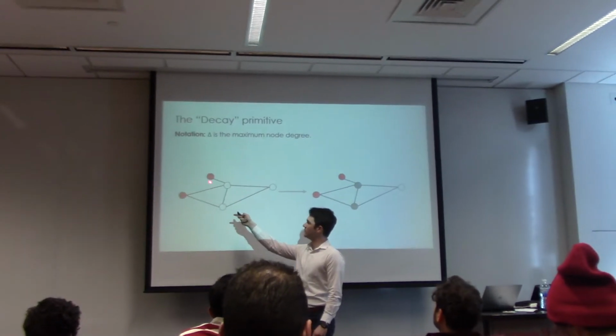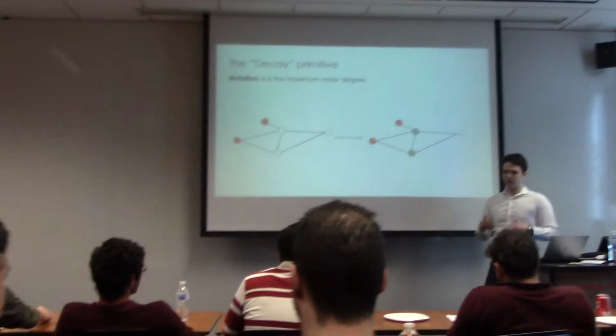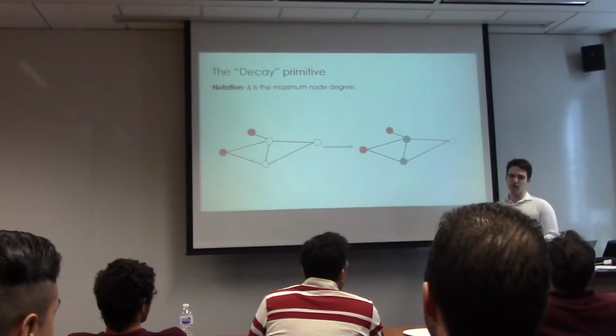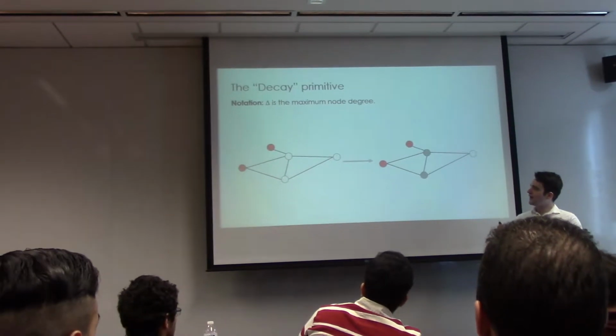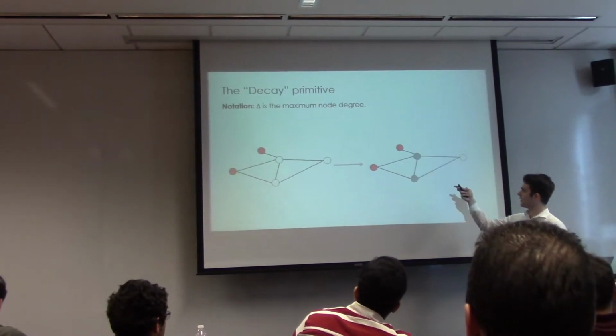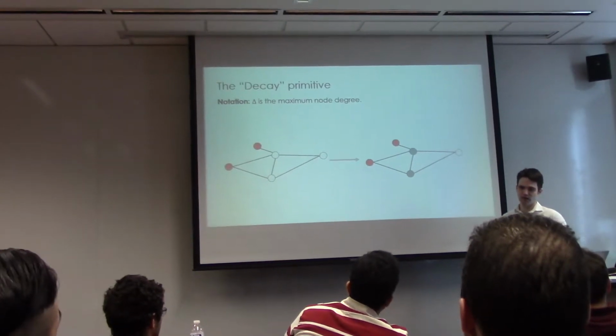We call these the active nodes. Now I want a short primitive that's oblivious, doesn't know the network, does whatever it wants, and after which everybody who has a neighboring active node will receive a message.